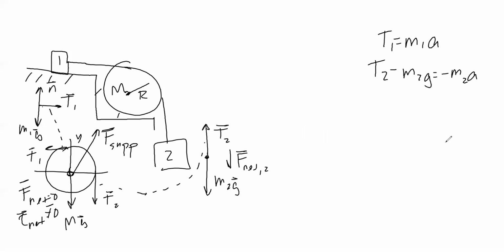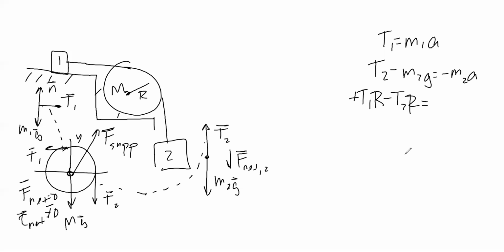And so how you would write the net torque equation for that pulley, similarly to these two equations for the forces, would be like this: plus T1R minus T2R equals, Newton's second law for rotational dynamics says that the sum of the torques equals the moment of inertia about that axis times the angular acceleration.